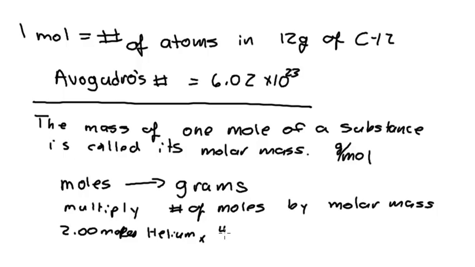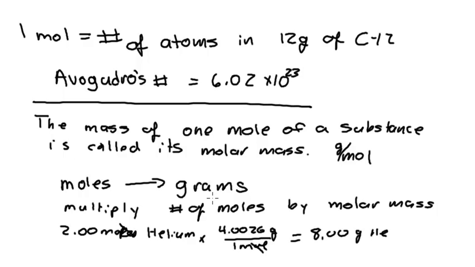So there are 4.0026 grams of helium in 1 mole of helium. That's what the molar mass means. Your moles cancel and you get about 8.00 grams of helium. The key thing to remember is when you're going from moles to grams, you multiply your moles by the molar mass.